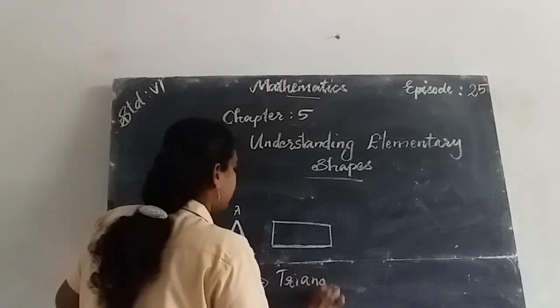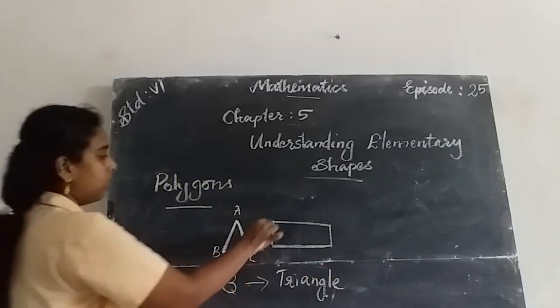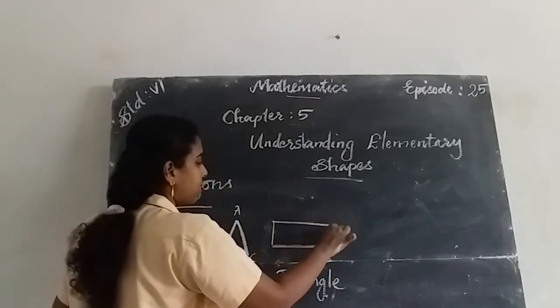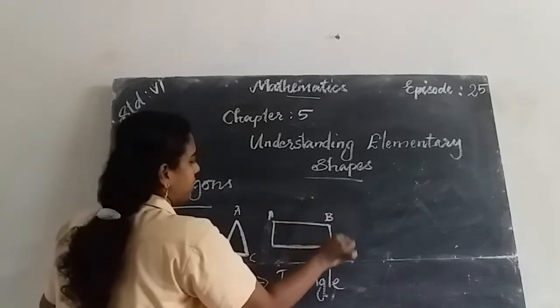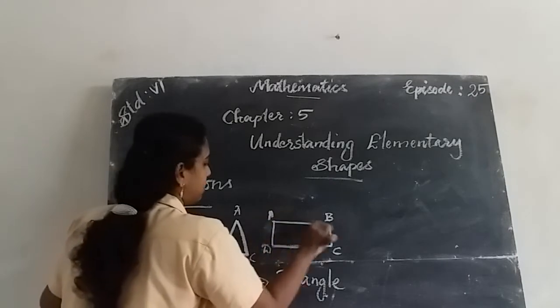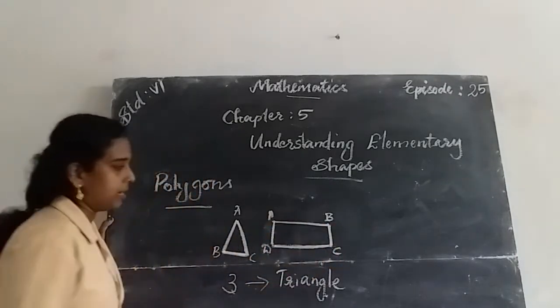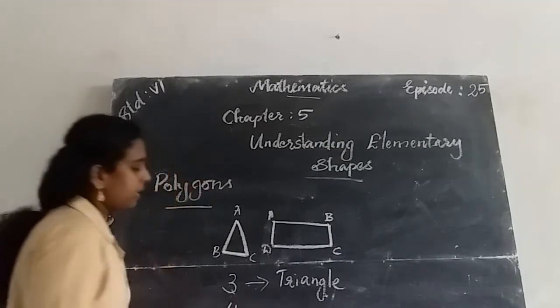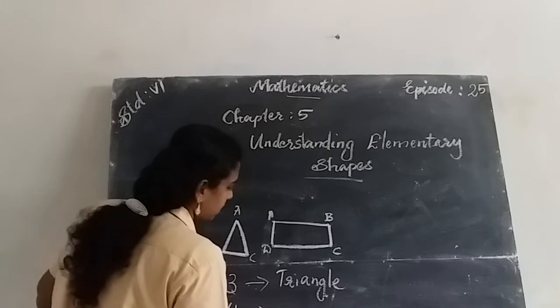And this polygon has four sides, A, B, C, D. The polygons with four sides are called quadrilaterals.